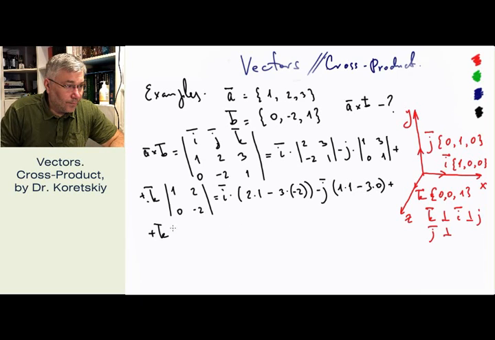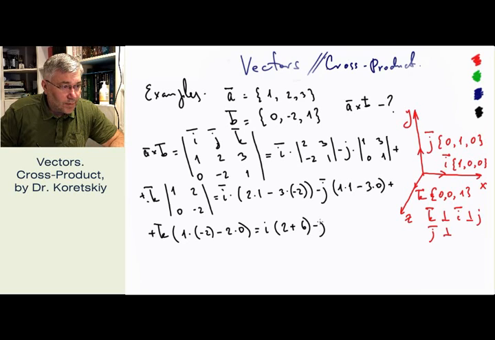Plus k times 1 times minus 2 minus 2 times 0. So we have here 2 plus 6, minus j times 1, plus k times minus 2, because 2 times 0 gives 0.